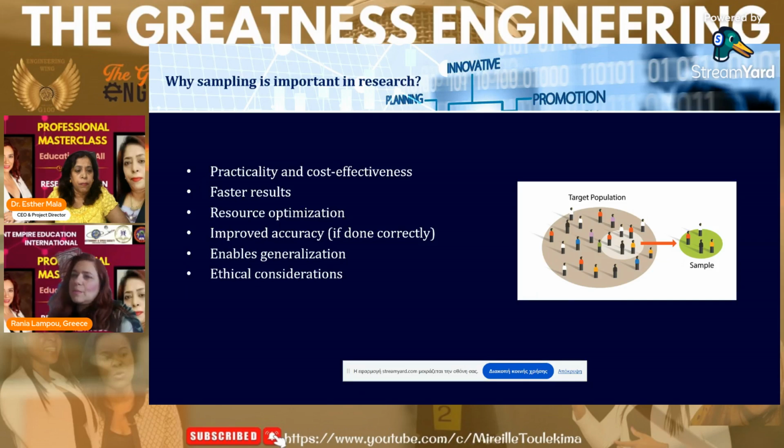A well-designed sample can provide highly accurate insights about the population without the errors that might occur in attempting to reach everyone. And of course, results from a representative sample can be generalized to the entire population, allowing for broader conclusions. In fields like medicine or psychology, it might be, for example, unethical to experiment on an entire population. So sampling allows for controlled, safe research.